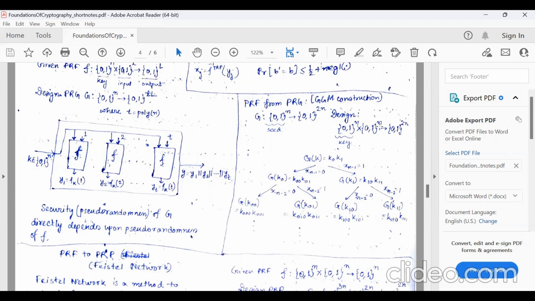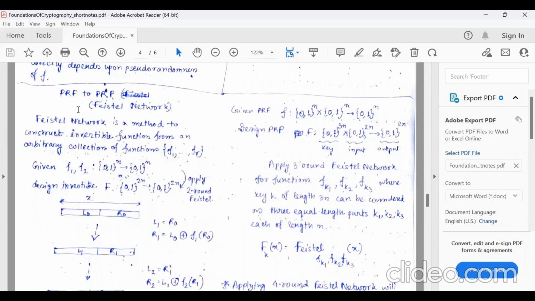Your input has length n, so you will have 2 to the power n possible values of inputs, and each leaf will denote the value of the PRF with the same key K on that input. Okay.